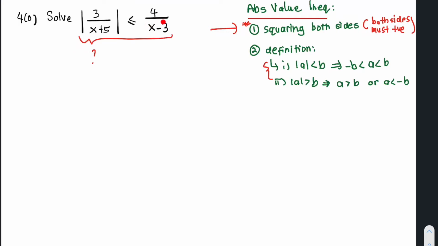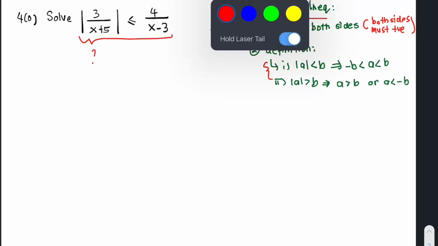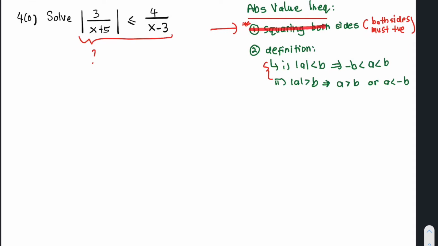So x minus 3 can become a positive or a negative number. For example, if I put in 4 minus 3, it will be 1, a positive number. But if I put in 2 minus 3, it will be negative 1, which gives you 4 over negative 1, a negative number. So you do not know whether it's positive or negative, thus you cannot use squaring both sides.